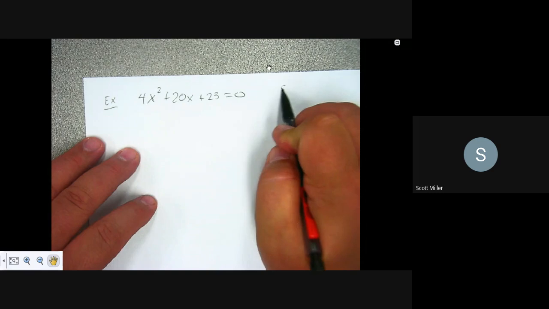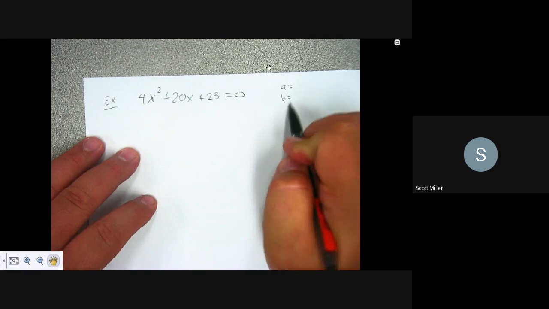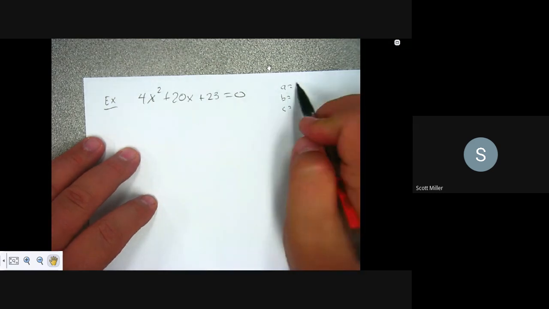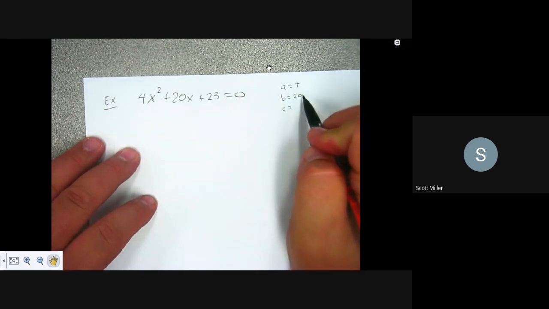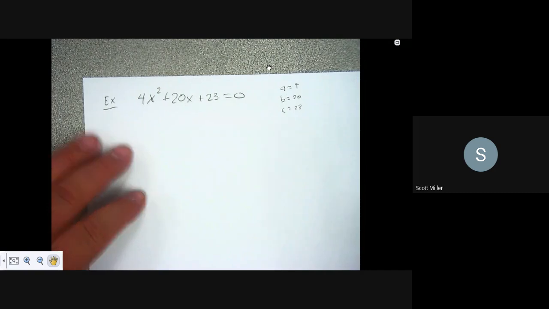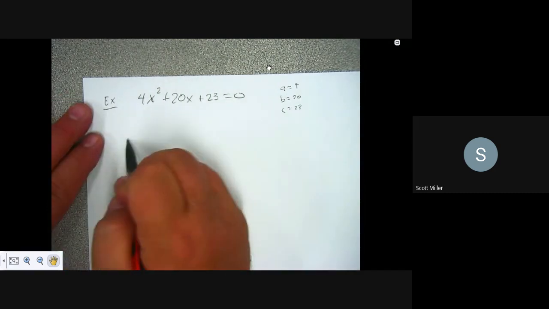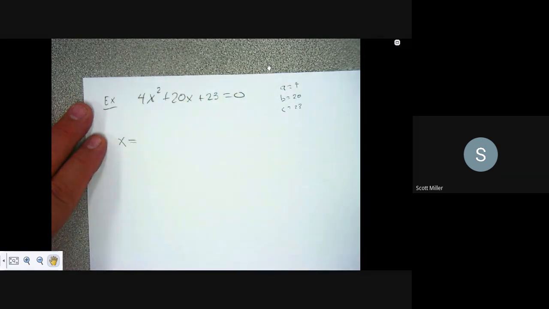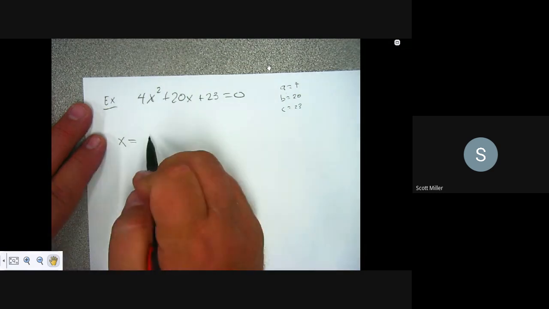To do that, you need to identify what A, what B, and what C is. And while you're doing this for the first time, I do recommend that you write it out like this and actually write in what each of these things represents. If it's a minus, then it's a negative, and so forth and so on. And then when you use the formula, x equals, do not simplify anything out. Plug these numbers in using parentheses so you do not make sign errors or any other errors.